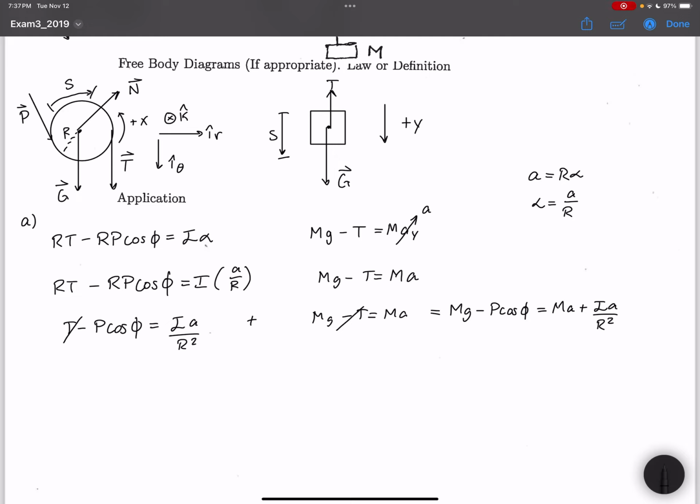Cool. So now we have that a would equal mg minus P cosine of phi over m plus inertia divided by r squared. Okay, cool. That's what we want for part A.